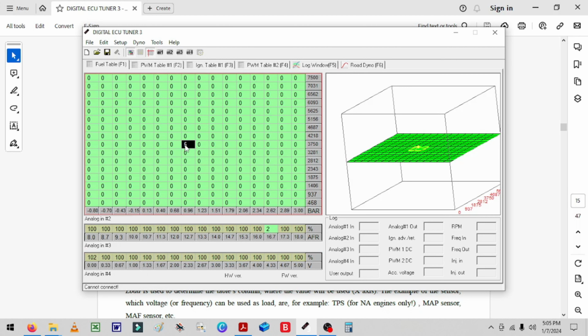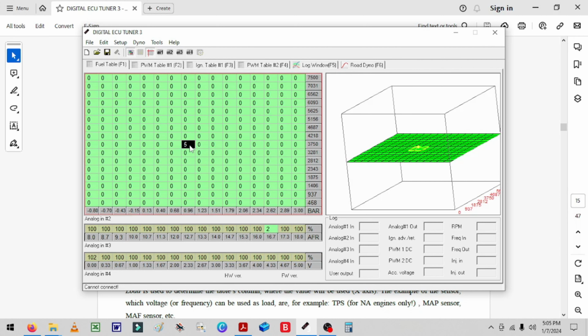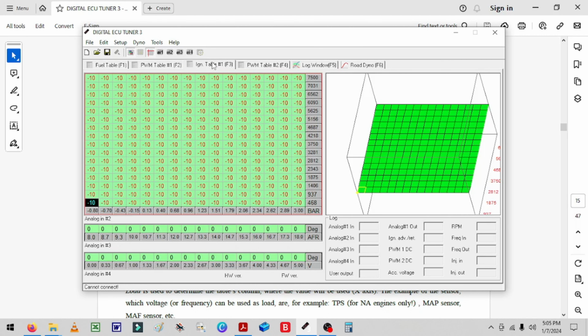So at this point in time, this AFR, this temperature, all those computations are added together to give you your fuel at that particular time. It would give you your ignition at that particular time. Correction. Okay, just right there, we're going to stop.